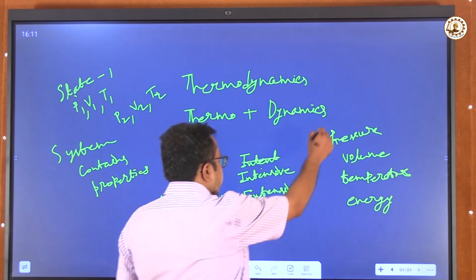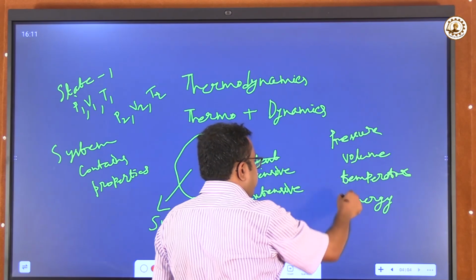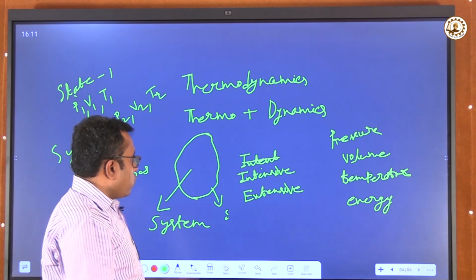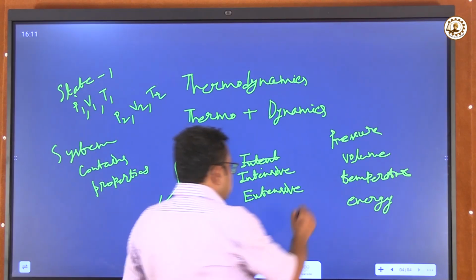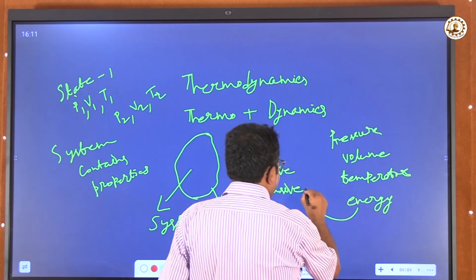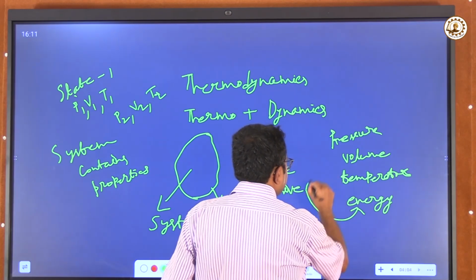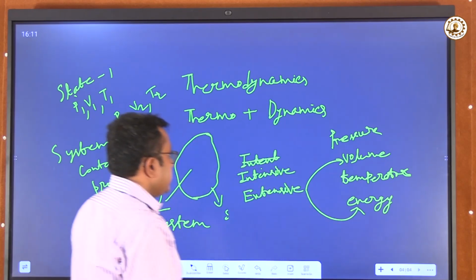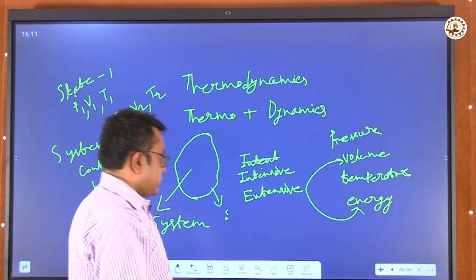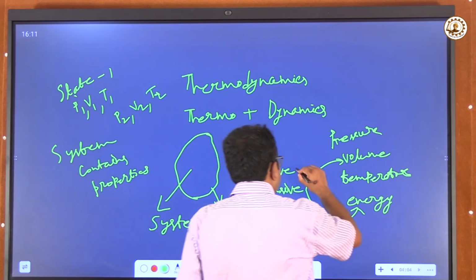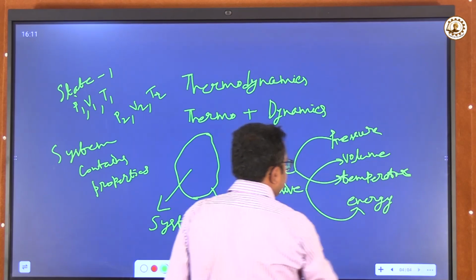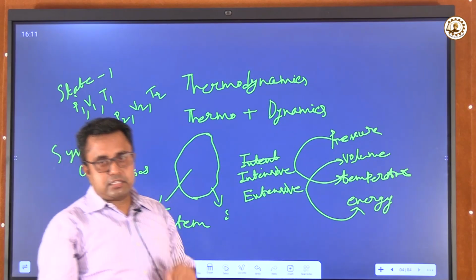Here, as I wrote, pressure, volume, temperature, energy: which are mass dependent and which are independent of mass? Energy and volume are dependent on mass, whereas pressure and temperature are independent of mass.